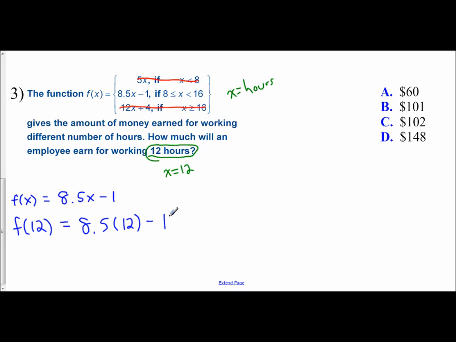And so if I do that, 8.5 times 12 is going to be 102, and then minus 1 gives us 101.